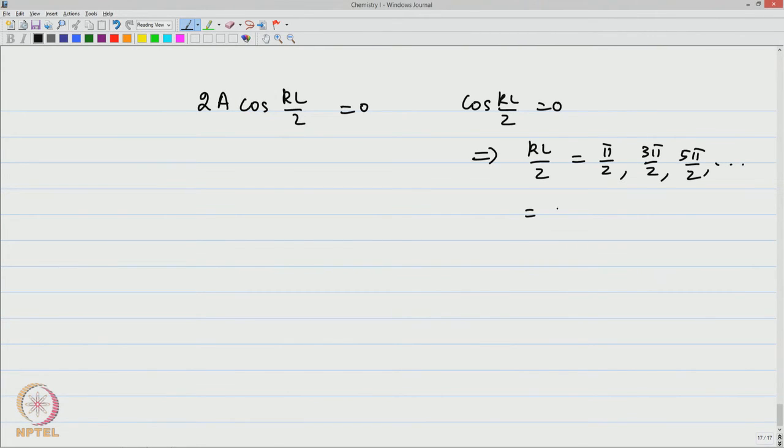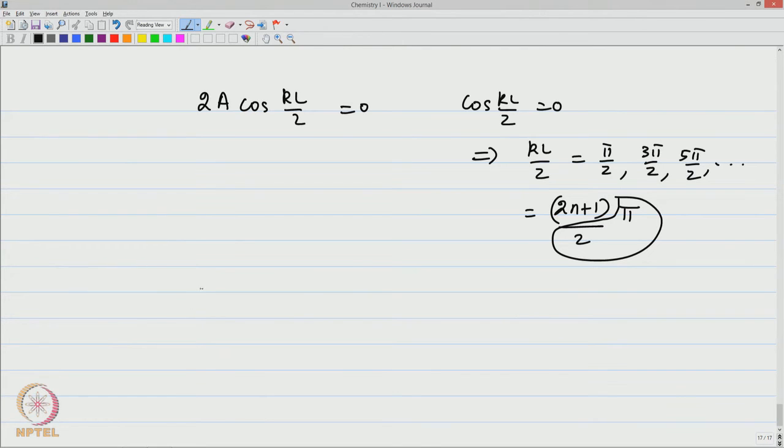So, I would write this in general as 2 n plus 1 by 2 pi. That is, it is an odd integral multiple of pi by 2, that will make cos k L by 2 to 0. So, a is not 0.